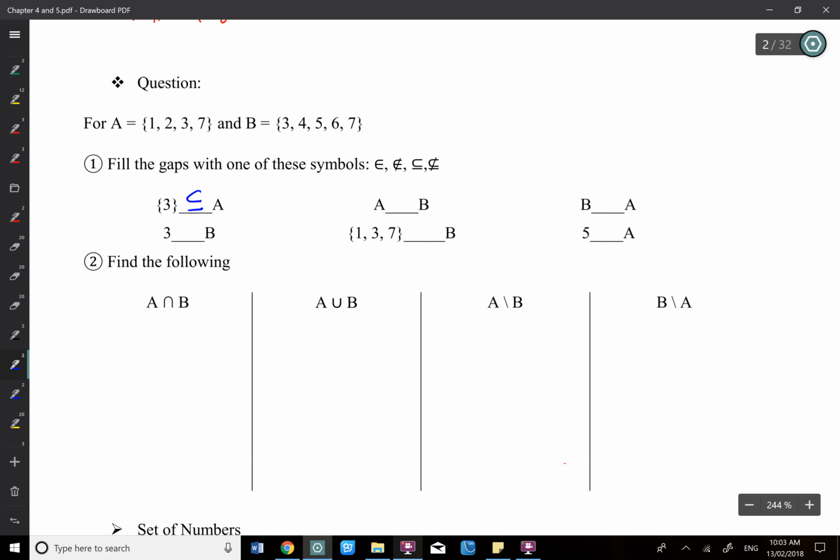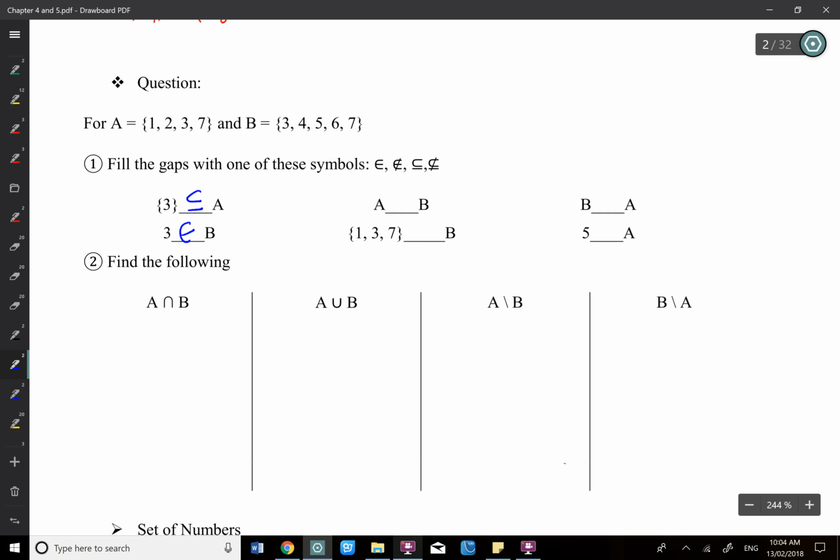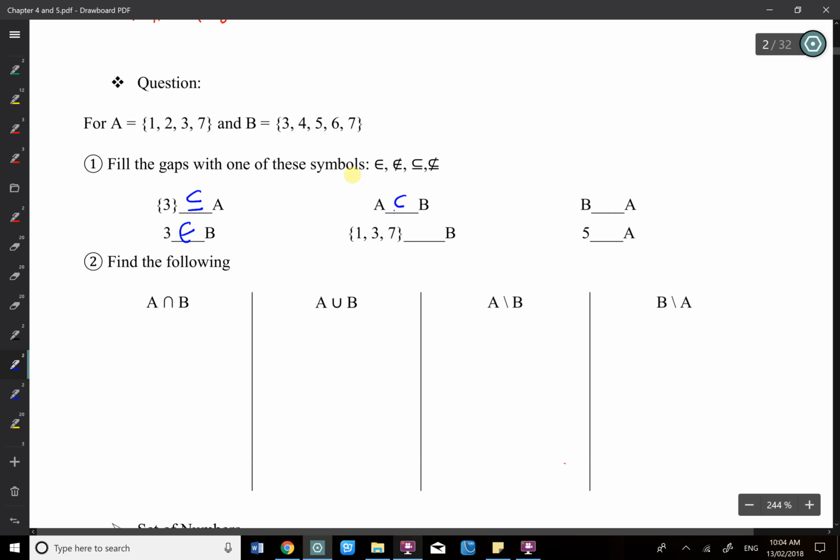Okay, for the bottom one, which one did you use? So, belongs to. Good. Okay, for A and B, what are A and B? Sets. So, does not contained.